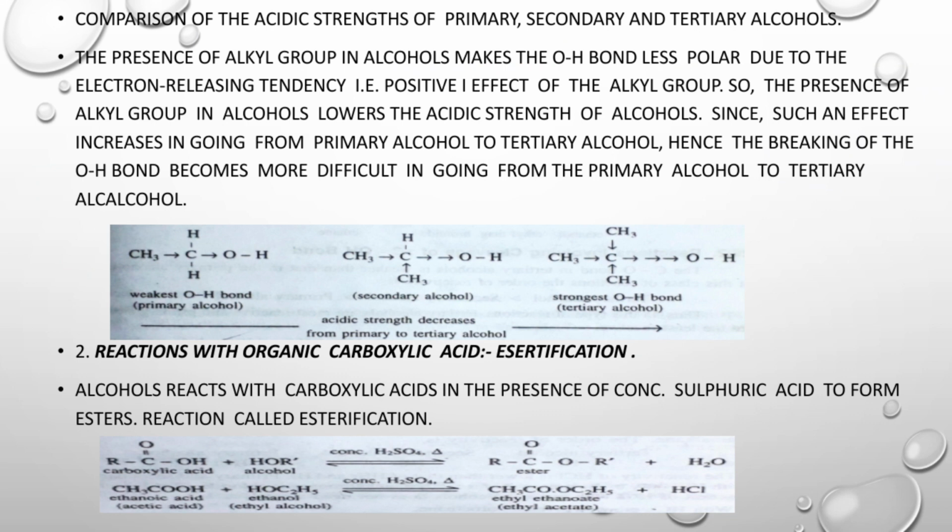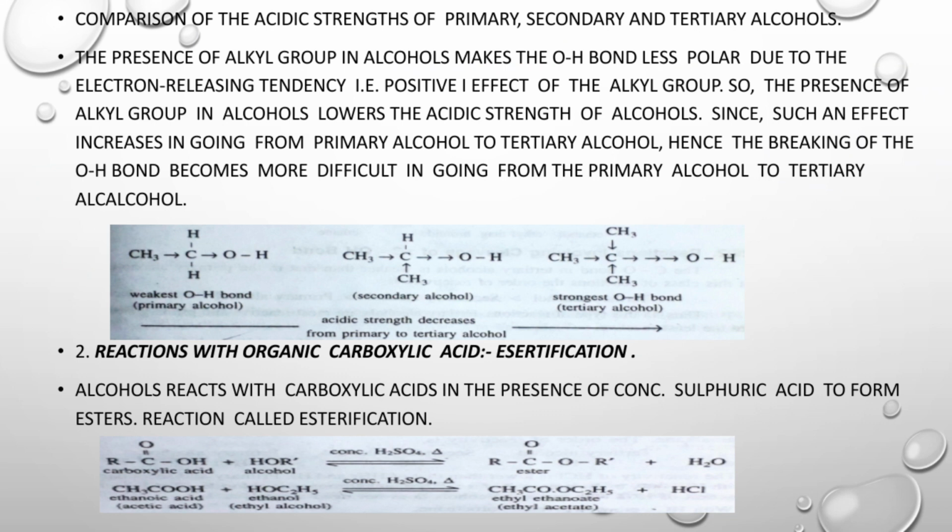So here in this figure we have an arrow showing that acidic strength decreases from primary to tertiary alcohol. The strongest oxygen hydrogen bond is in tertiary alcohol.